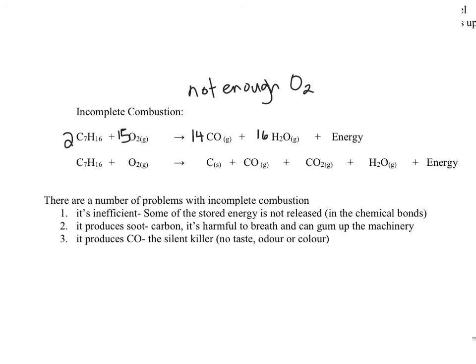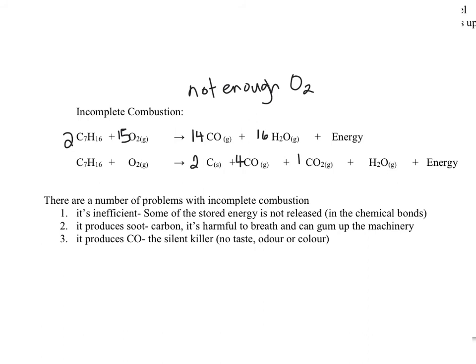There's actually many different combinations you could do to balance the last one. I'm going to pick 2 carbons. I'm going to make carbon monoxide an even number, so I have an even number of oxygens. That's 6, so that leaves me with 1 carbon left to make 7. I need, right, that's 1, 4, 5, 6, 7.